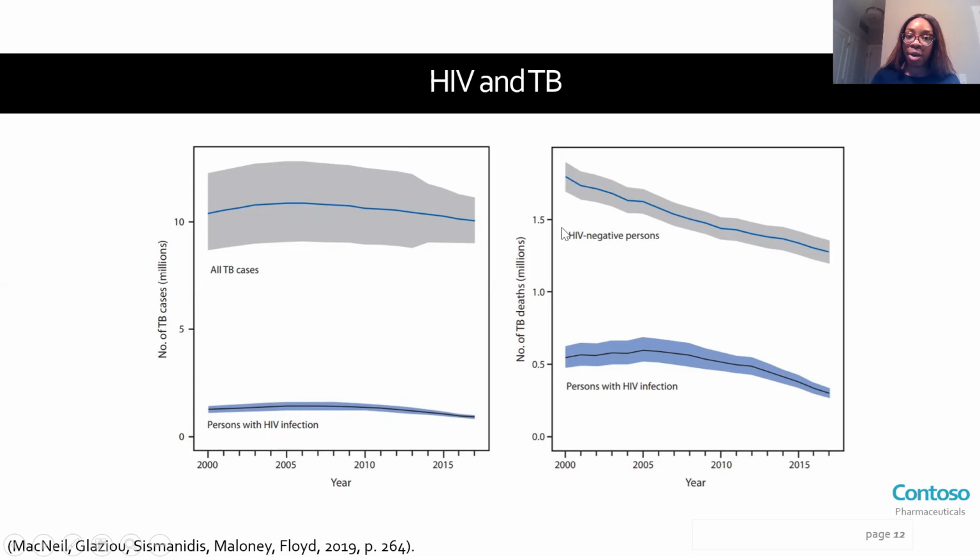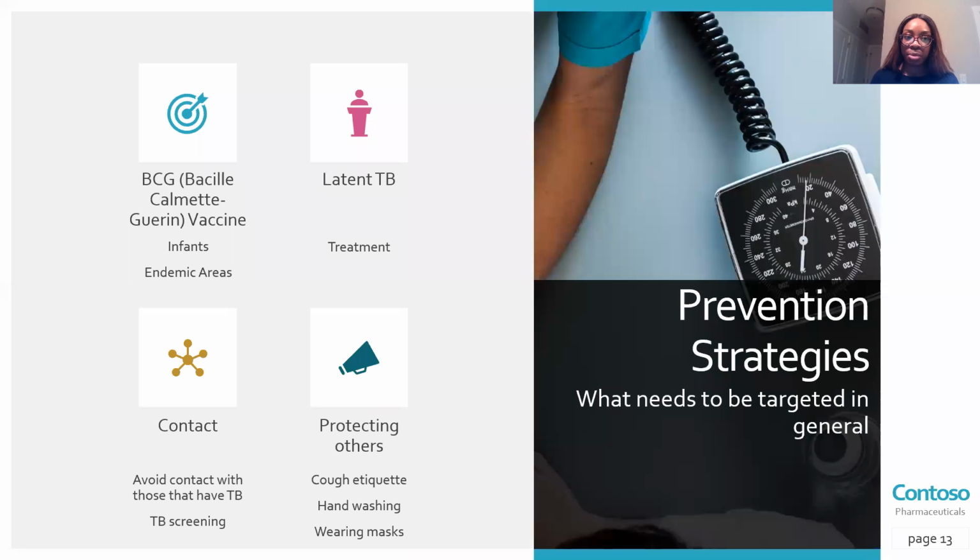Also here, when looking at the number of deaths, there's a downward trend. People who are HIV negative are dying less because there's less morbidity associated with them than those who have HIV.